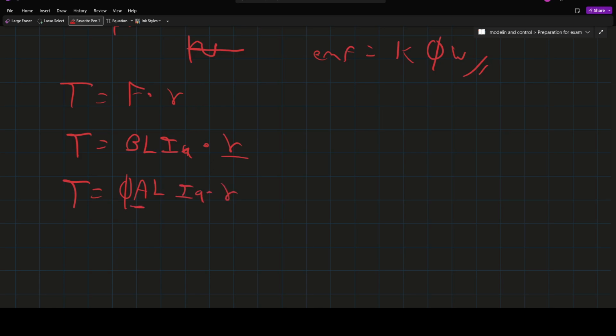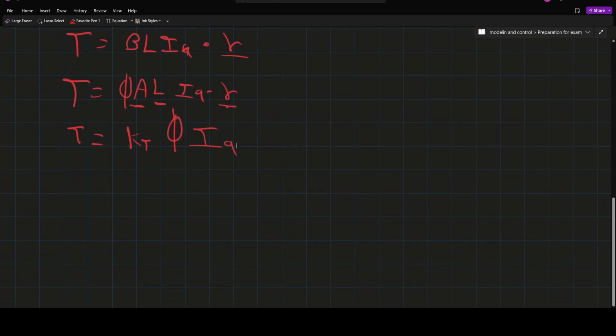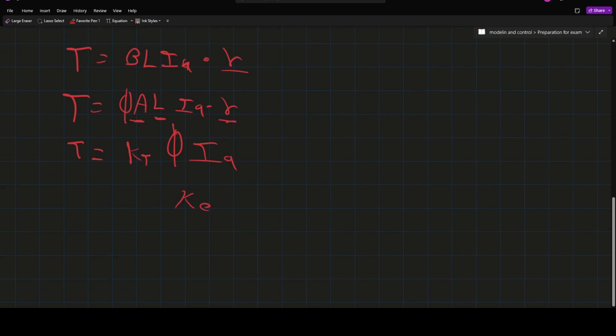And again, the area, the length, and the radius are all parameters that are built into the motor, so we're just gonna call them KT. And we're gonna have the torque is equal to KT, the torque constant, or the motor constant, times flux times IA.